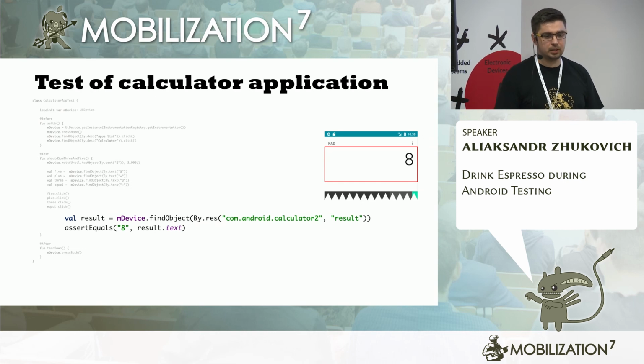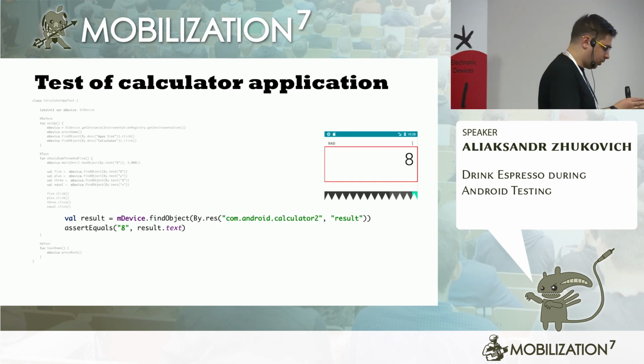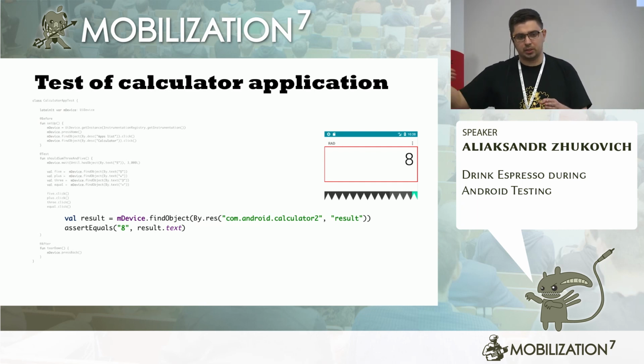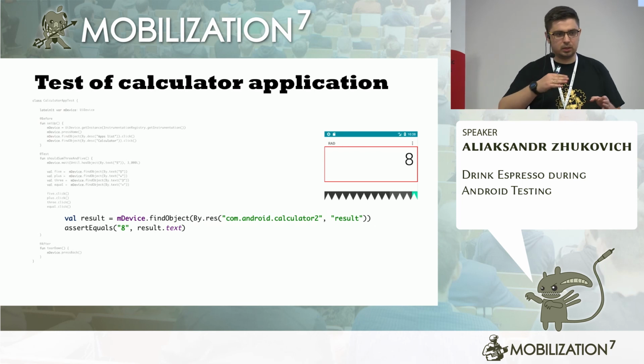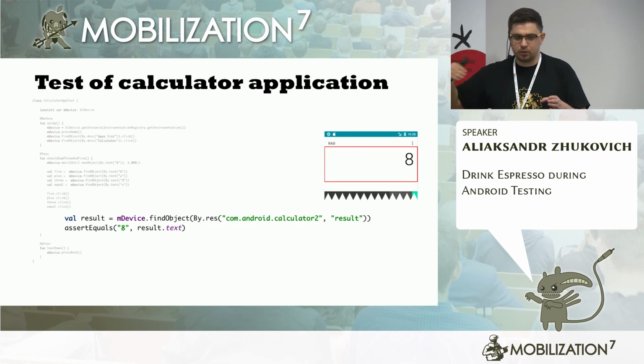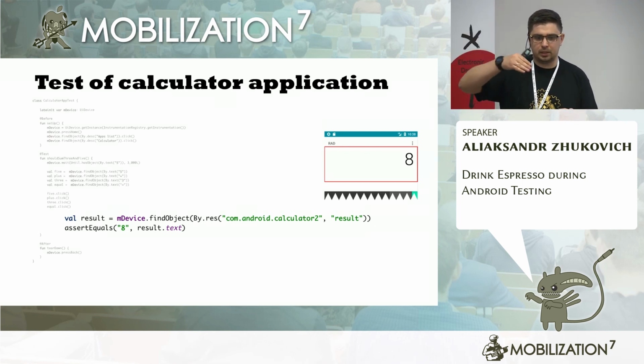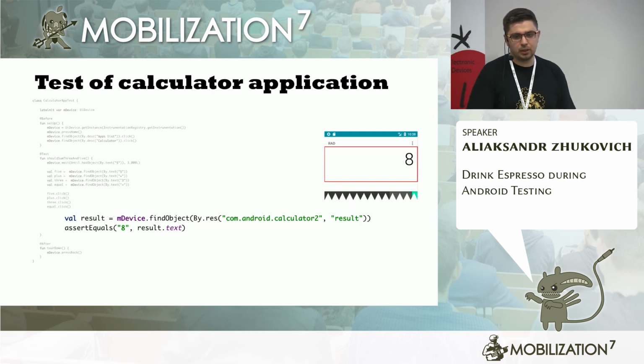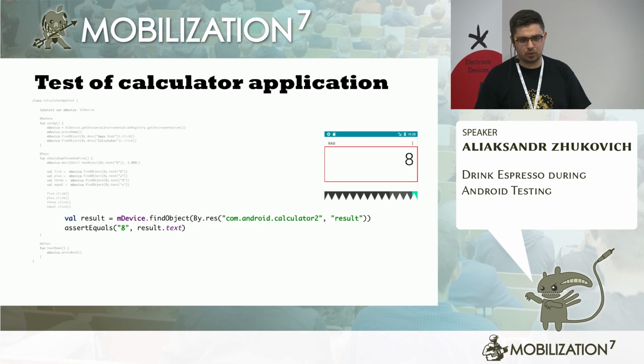Yes, it will be running, because only tests which use UIAutomator or UIAutomator plus Espresso will not run on devices with API less than 18. You can do it in the same module, in the same class, and it will work.